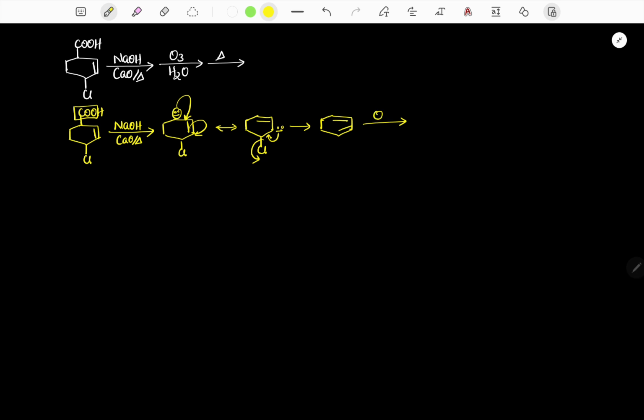Now it is treated with oxidative ozonolysis. It is an ozone structure. It undergoes oxidative ozonolysis. We have to cleave the double bond and write down the corresponding carboxylic acids.